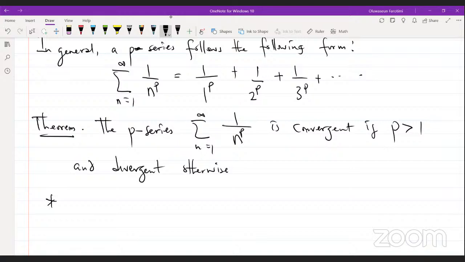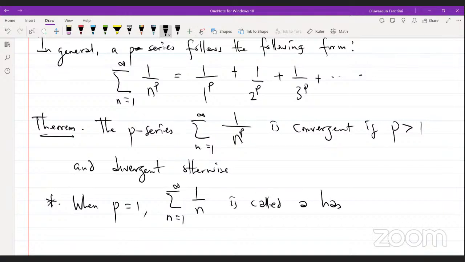Now, note when p equals 1, this guy, n from 1 to infinity of 1 over n, is called a harmonic series. Let me write it clearly.